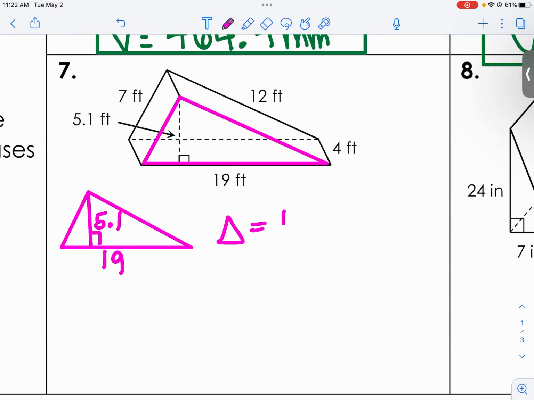So when we find the area, we're taking 1/2 times 19 times 5.1. Can somebody remind me what that number is? 48.45? Okay.